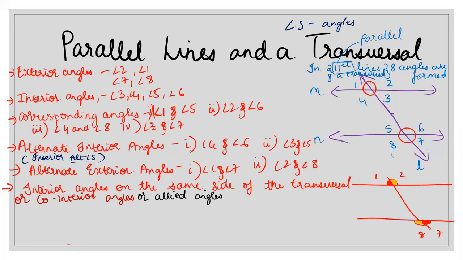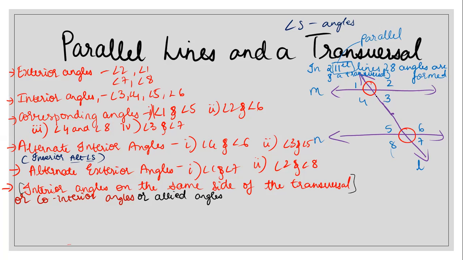So this has three names, but I feel for your understanding right now, the first one would be more comfortable, correct? Yeah, so interior angles on the same side of the transversal. Now we are completely focusing on interior angles on the same side of the transversal.